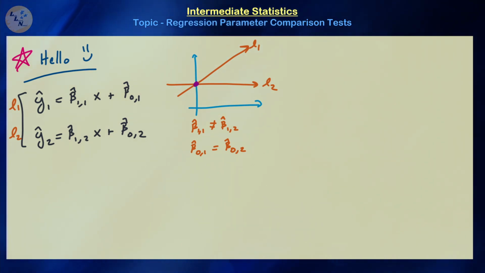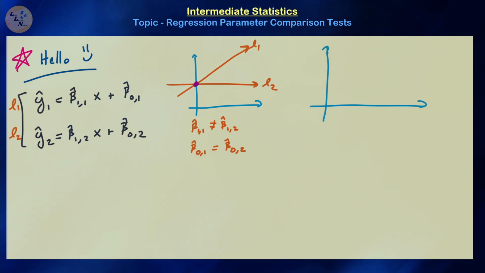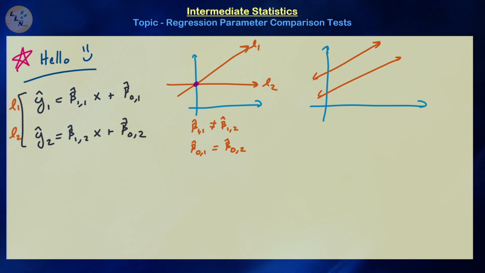Another scenario that we could encounter is, let's assume we have this line and that line. So let's assume that's line 1, line 2, or vice versa, it doesn't really matter. So here the slopes, beta hat 1 for 1 and beta hat 1 for 2 are equal to each other, but they have different vertical intercepts.